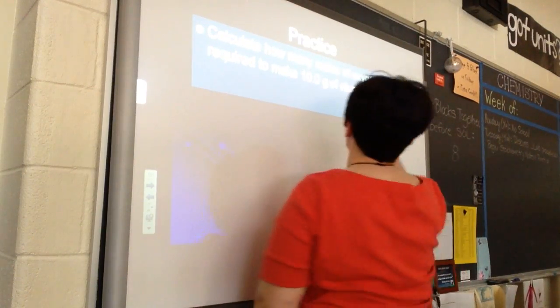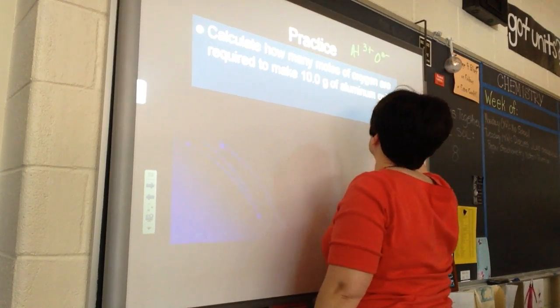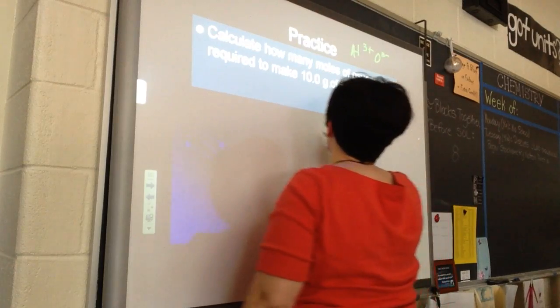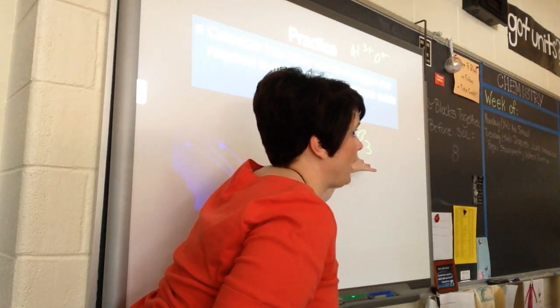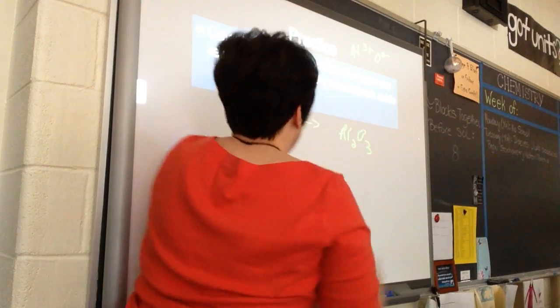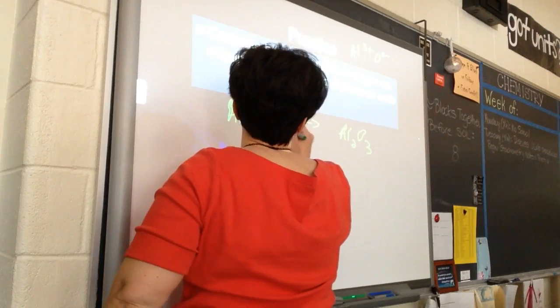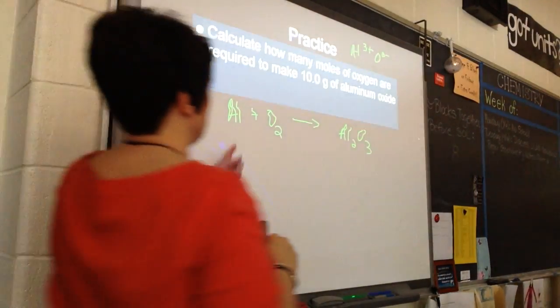That means it's crisscross, drop, and reduce. Aluminum, 3 plus. Oxygen, 2 minus. Crisscross, drop, reduce. Al2O3. This is our product. Clearly, it must be made of what, people? Al and O2. Yes? Now we got to balance.